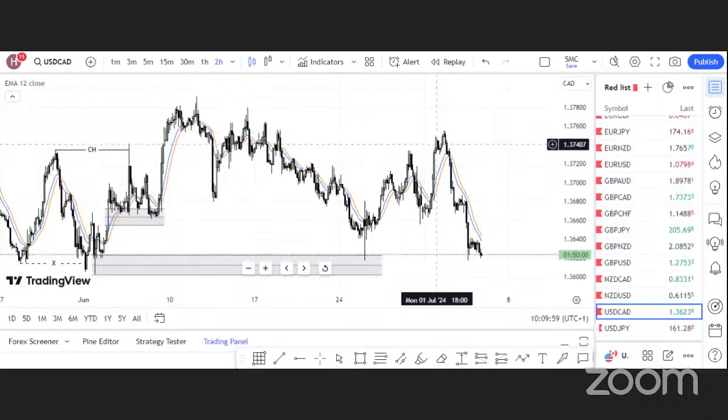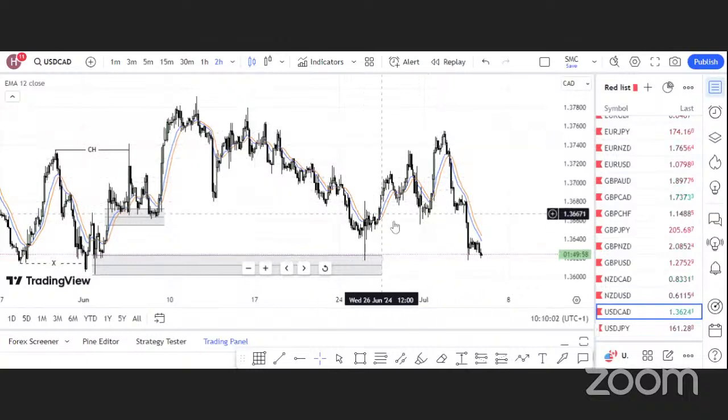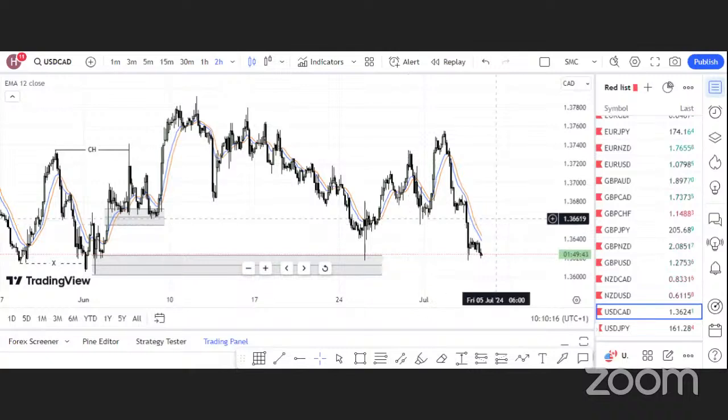All right, so these are the levels, the break of structures, and the change of characters that have happened previously in the market. So this is price action, and you need price action to be able to predict the next move of the market. So now let's see where the market is heading to. Okay, so we have these equal lows.